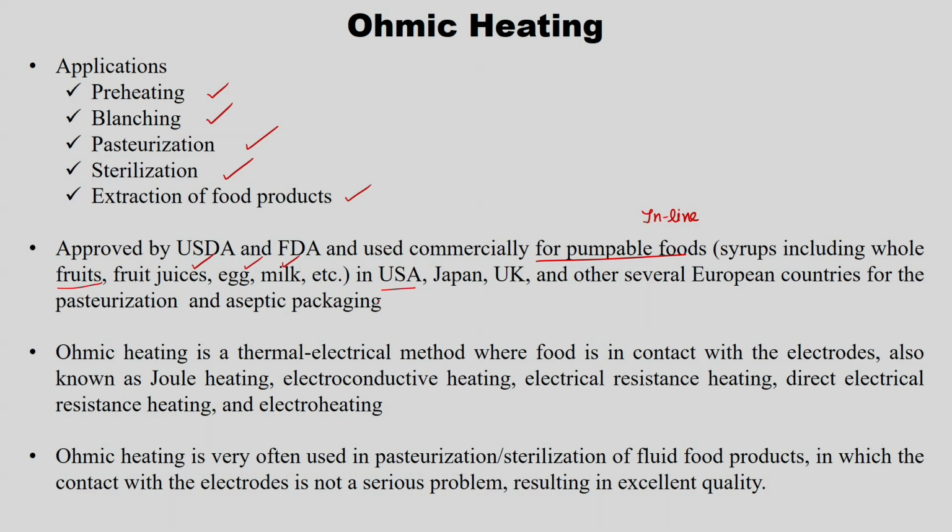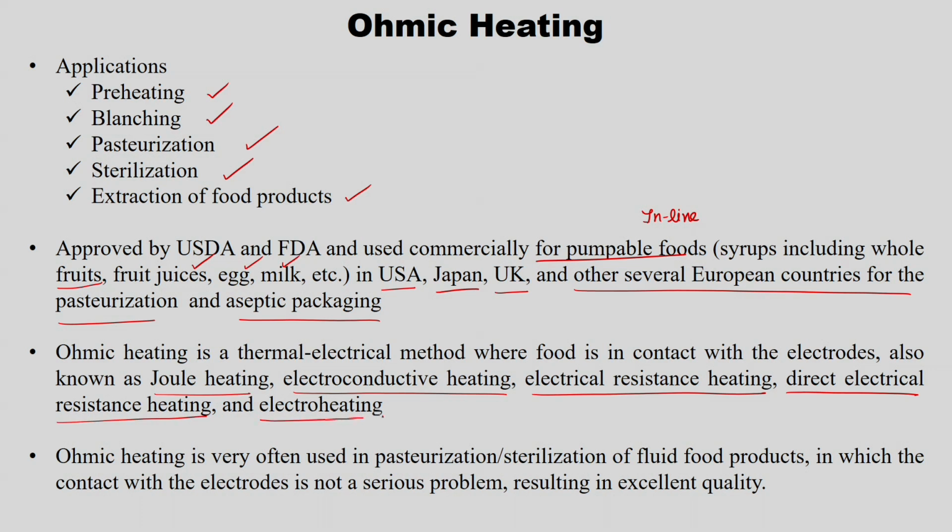The commercial technology was developed in the USA, Japan, UK and several other European countries for pasteurization as well as aseptic packaging. Ohmic heating is a thermal electrical method where food is in contact with the electrodes, also known as joule heating, electroconductive heating, electrical resistance heating, direct electrical resistance heating and electro heating.